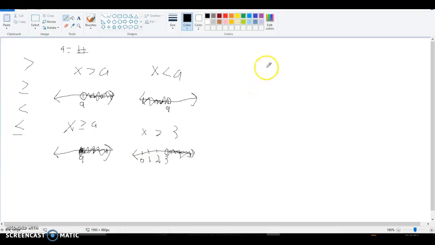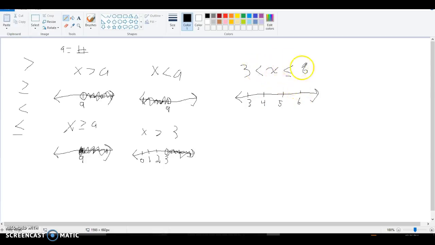So what happens now if we have an inequality where x has two numbers on the side of it? So if we have 3 is less than x, and then x is less than or equal to 6, we're going to draw our number line. Here's 3, 4, 5, and 6.